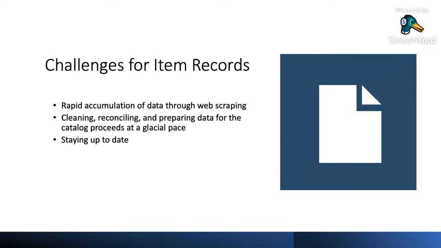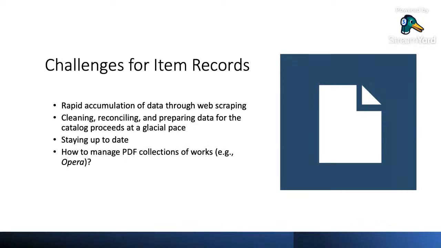Another challenge is staying up to date because, of course, some resources continue to publish information, and it's important to be able to go back and crawl sites and come up with the new additions.